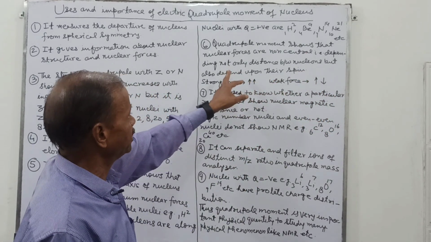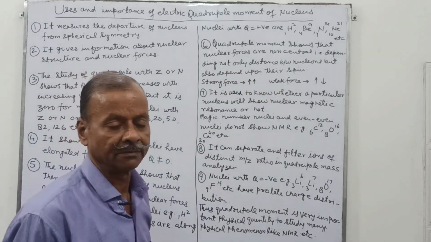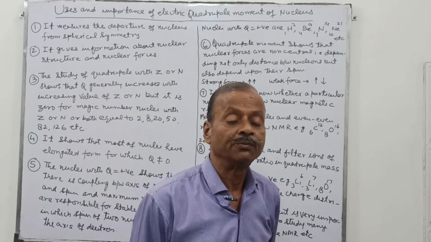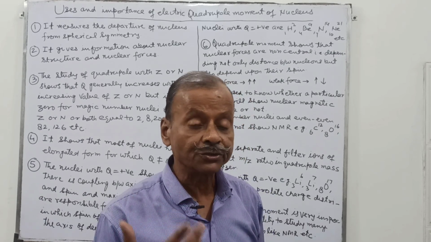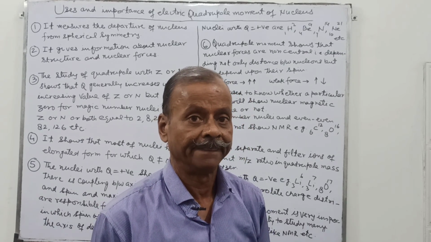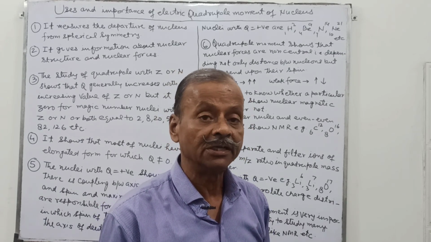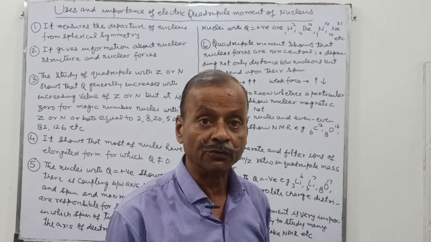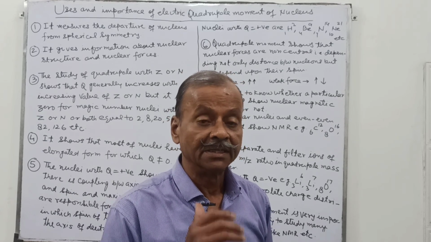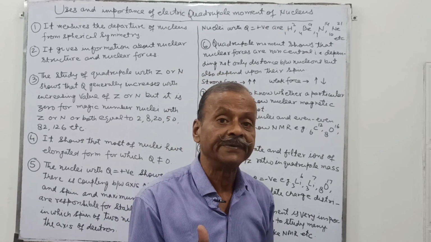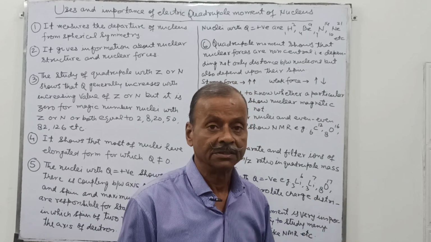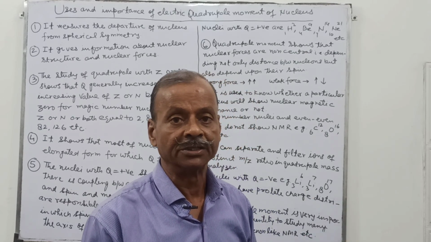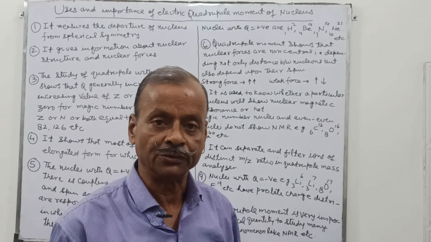Quadrupole moment shows that nuclear forces are non-central. Since the quadrupole moment is not 0 for most of the nuclei, it means that nuclear forces are non-central. It means that they not only depend upon the distance between the two nucleons, but they also depend upon the spin of the nucleons.